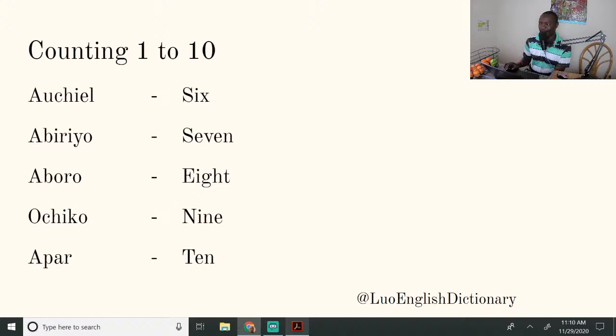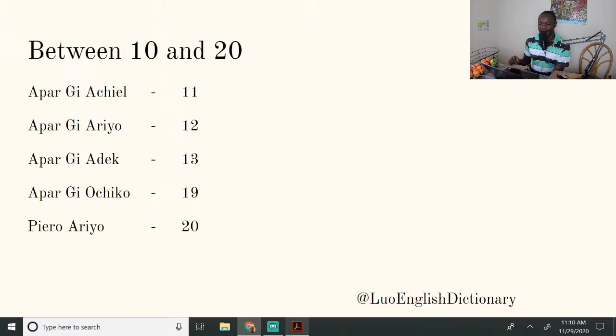Apar gi ochiko. And when you reach 20, now you say piero ariyo. So, remember, 10 through 20 is just a repetition of the word apar and the word gi. And the word gi means and.